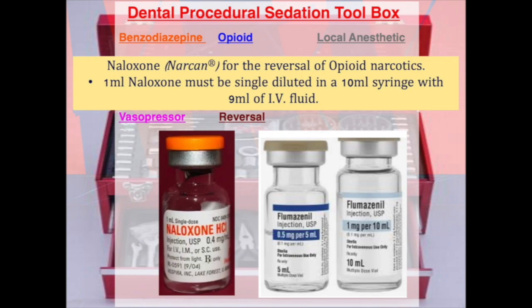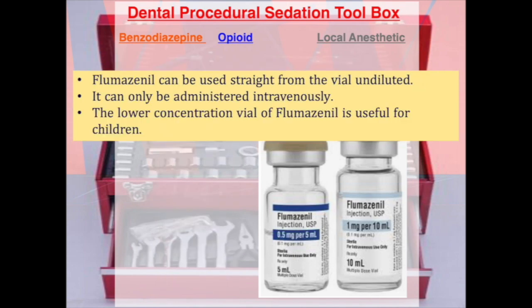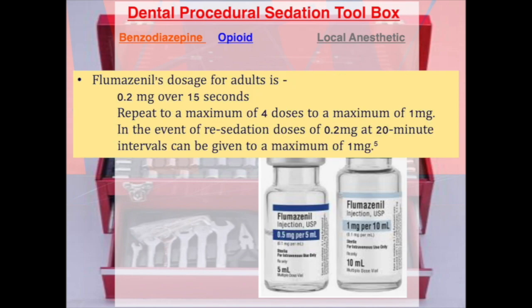You can see it's for IV, IM, or subcutaneous use. Flumazenil for adults is usually 1 milligram per milliliter, and that's given straight from the bottle. The 0.5 milligrams per 5 milliliters, so it's 0.1 milligram per milliliter, is used for pediatrics.